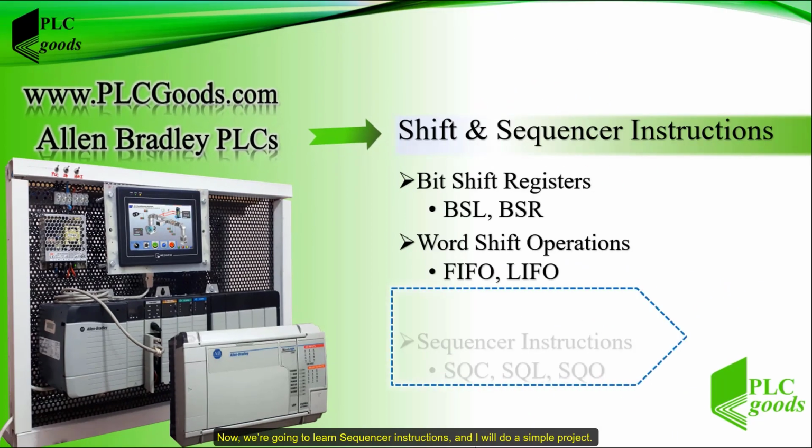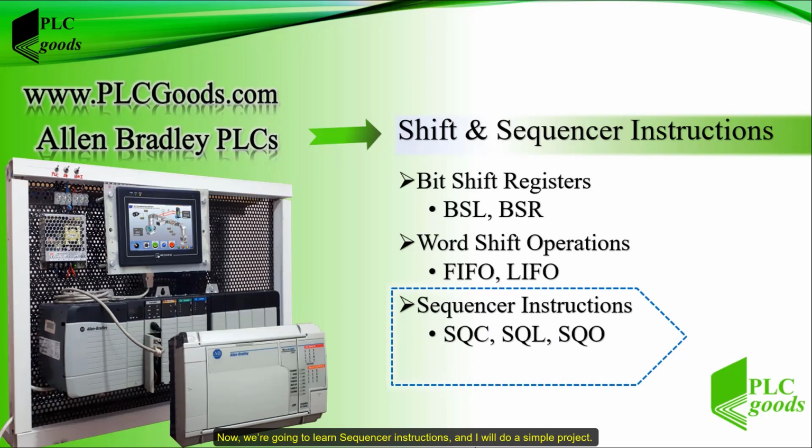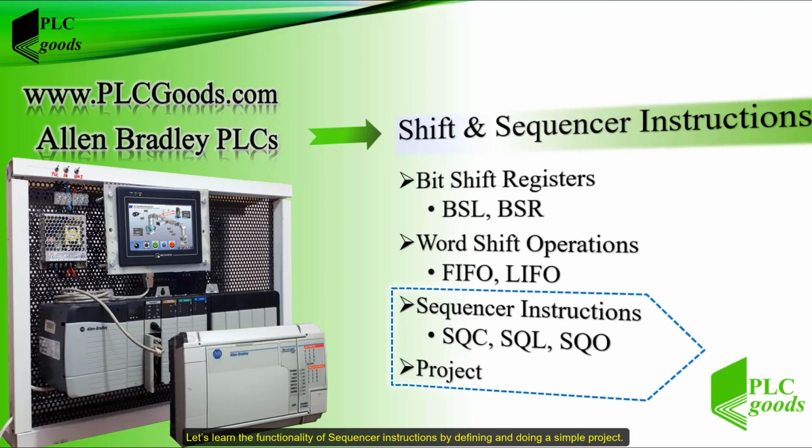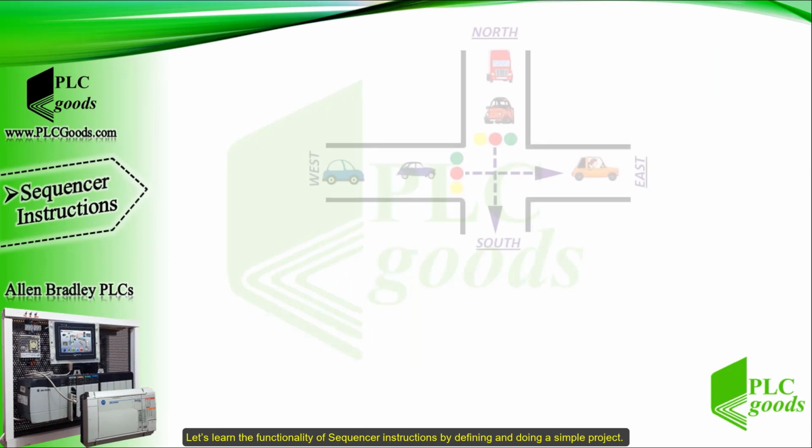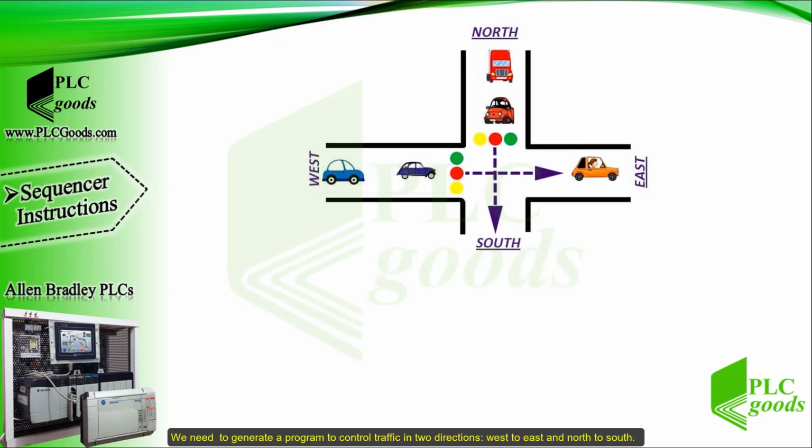Now we are going to learn sequencer instructions, and I will do a simple project. Let's learn the functionality of sequencer instructions by defining and doing a simple project. We need to generate a program to control traffic in two directions, west to east and north to south.